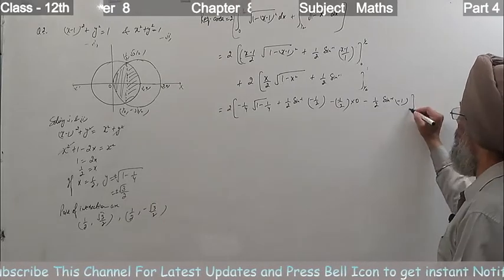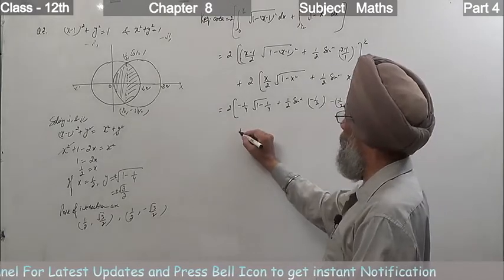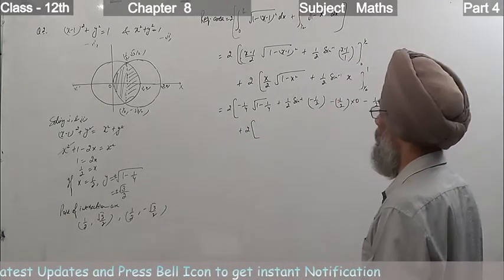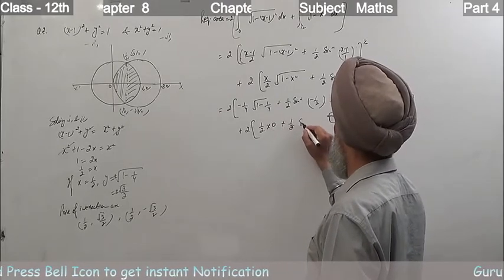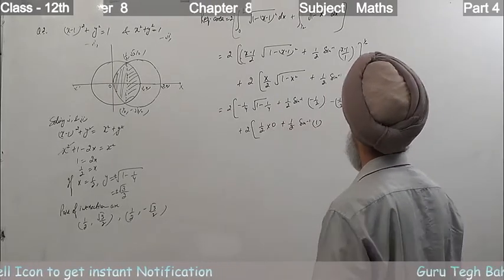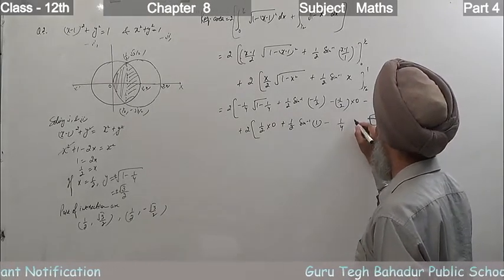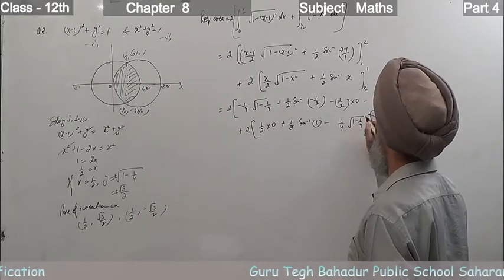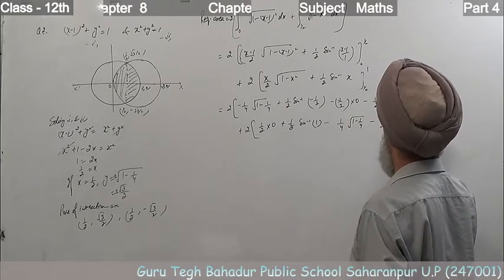Okay, it's half to 1. Its sine inverse x will come, plus 2, placing value 1 here, half into 0, half sine inverse 1. Now placing the half here, minus 1/4, 1 minus 1/4 minus half sine inverse half.